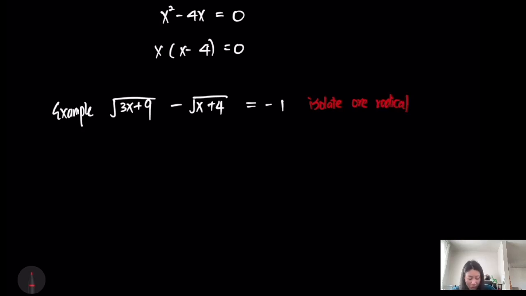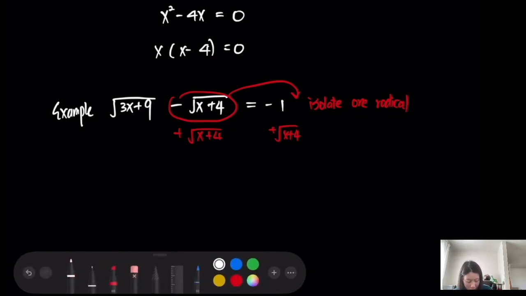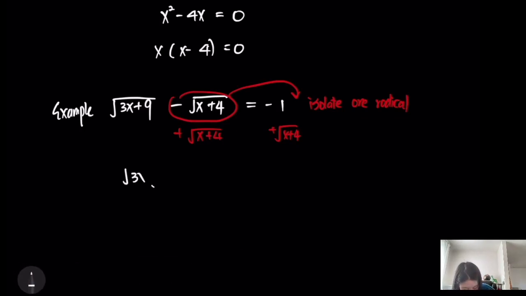You can pick either one, but it's easier to add this one on both sides. That means I can move this one to the right side of the equation. So by doing that, I have square root of 3x plus 9 equals square root of x plus 4 minus 1. And now, after we do that, we can square both sides.